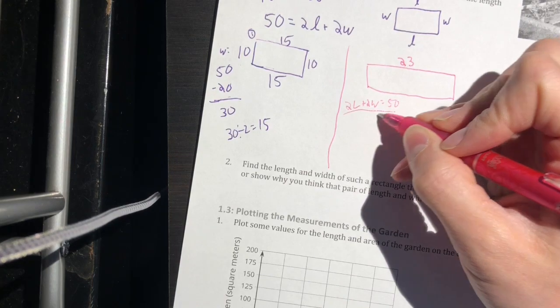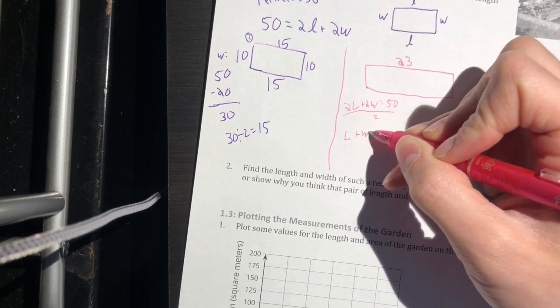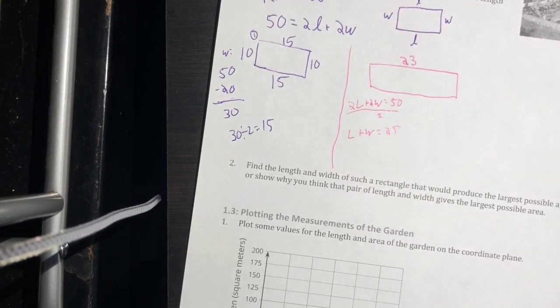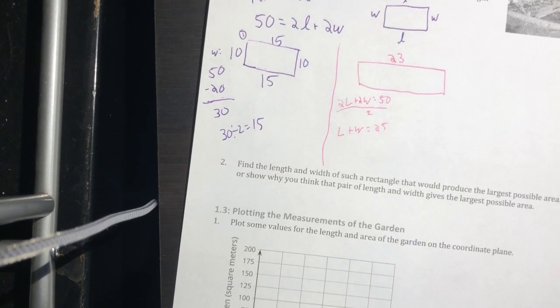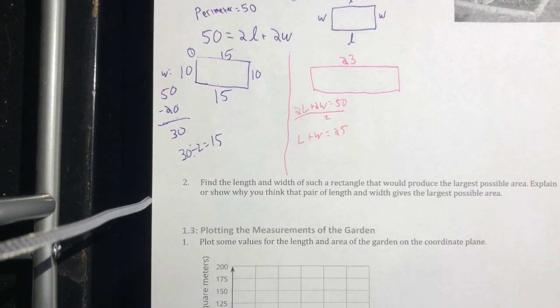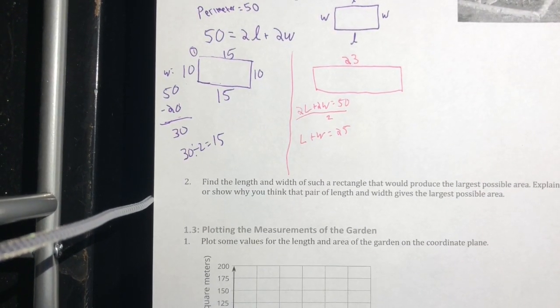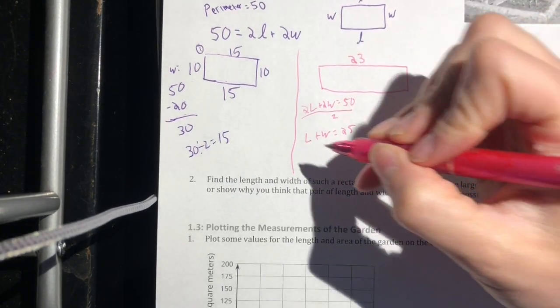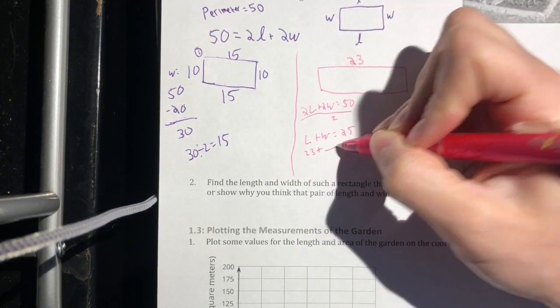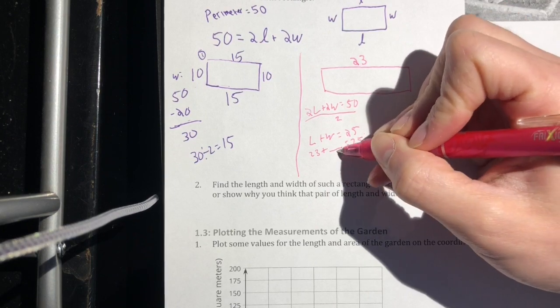So I could divide that by 2 and say that length and my width have to equal 25. If I add them together, they have to each be 25 total. So if my length is 23, my width then has to be 2.